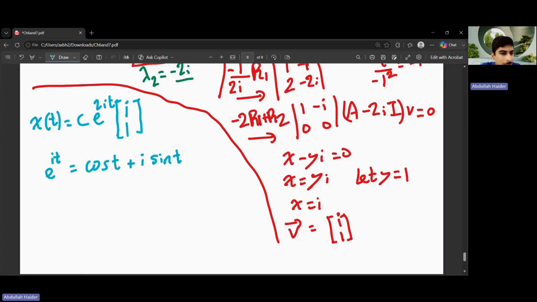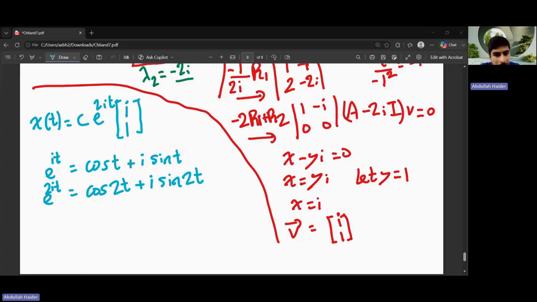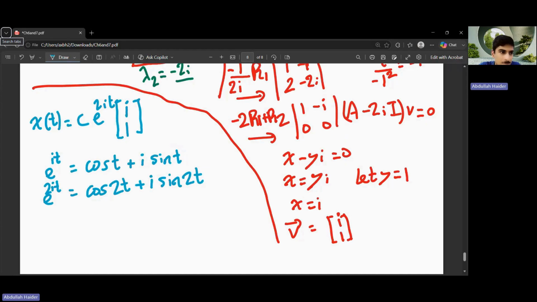But you have a 2 here. So e power 2it will be equal to cosine 2t plus i sine 2t.